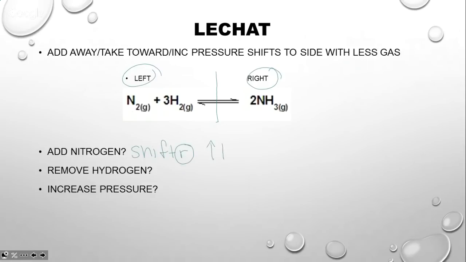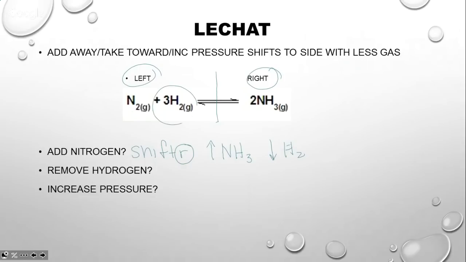That means we'll increase what's on the right, and we will decrease what's on the left besides what we changed. Shifting to the right means that we are going temporarily quicker in the forward direction. It means we're building up products faster than the reactants are being built back up.